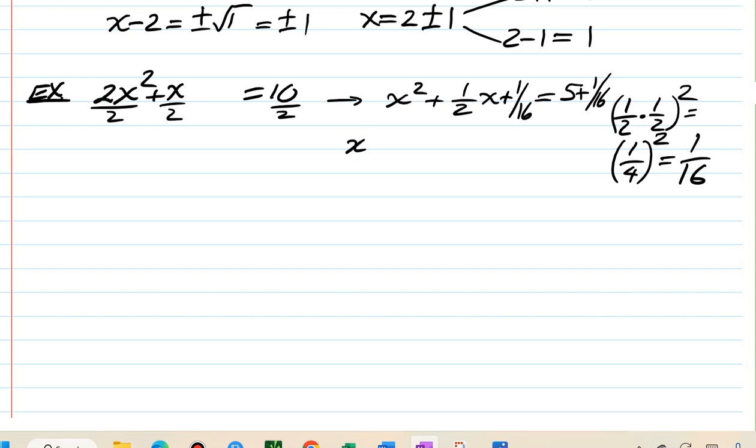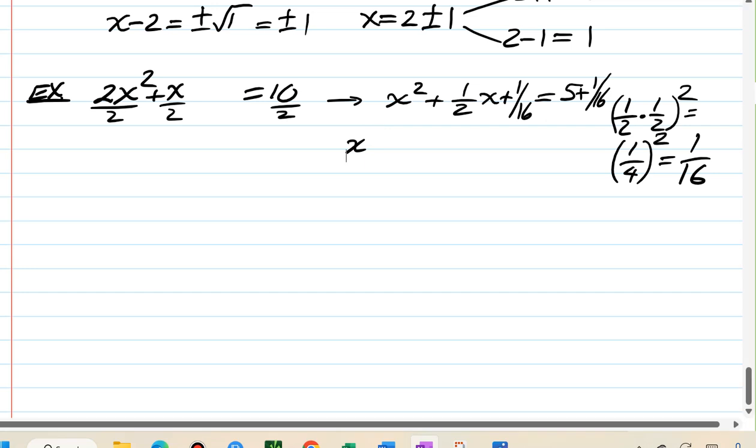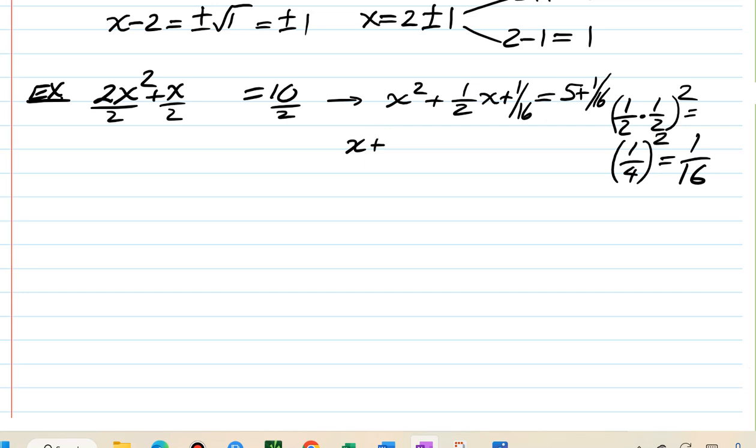The perfect square trinomial is going to be the square of a binomial. The 1/4 goes in here. So that's x plus 1/4 squared. And 5 plus 1/16. Let's do that one here. Give 5 a denominator of 1, and we need the LCD, which is 16.